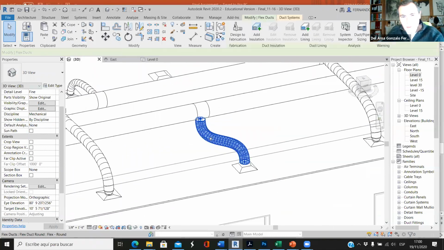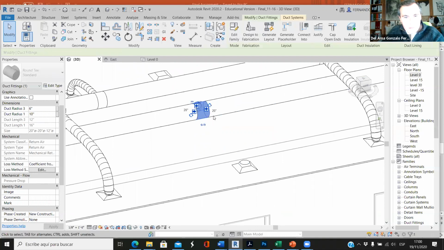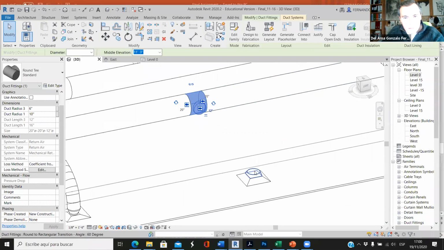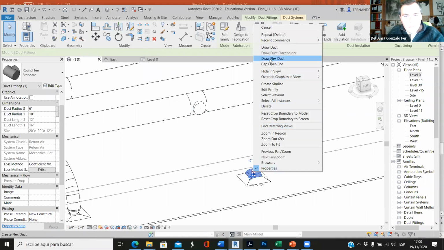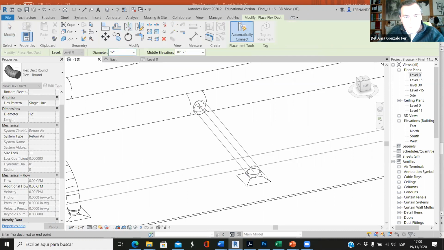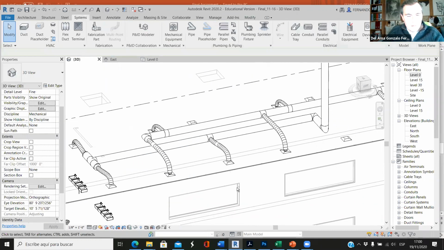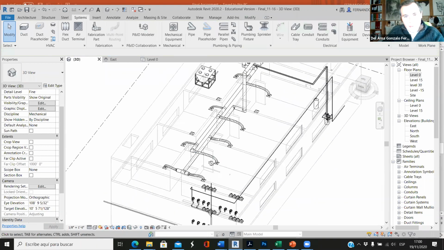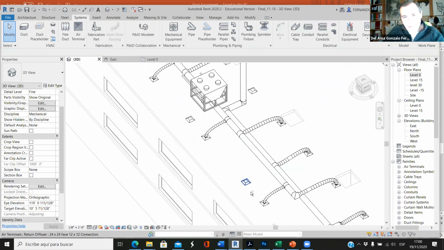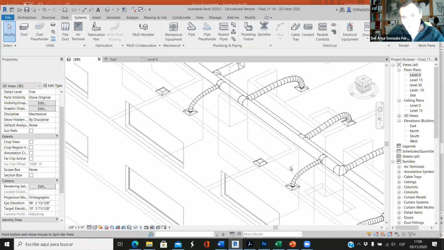Okay, this doesn't work. I have to rotate this. Rotate again. Again. Okay, so now this one works, but now I have to connect this one here.